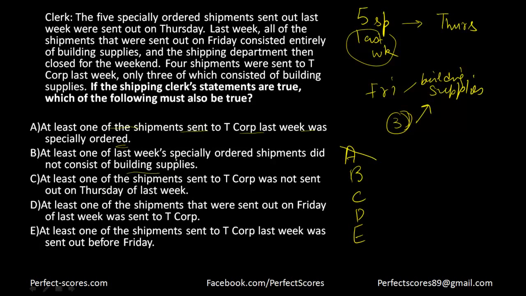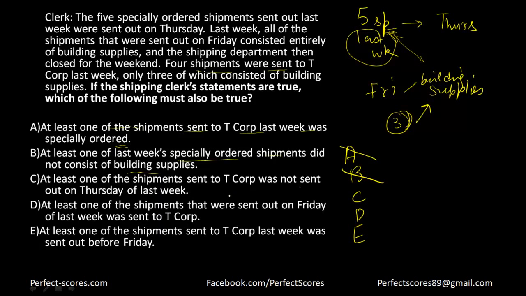Again, we do not have this information, whether these special shipments also had some building supplies or not. So B also cannot be the answer. C says at least one of the shipments sent to T-Corp was not sent out on Thursday of last week. Again, we do not have any information, because we know 4 shipments were sent to T-Corp last week, only 3 of which consisted of building supplies.